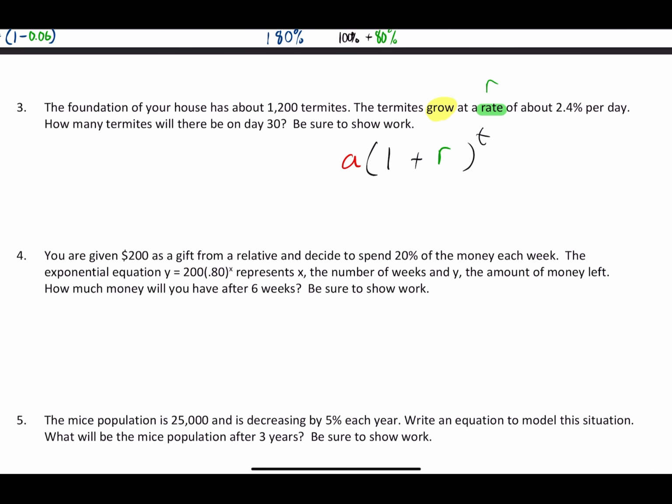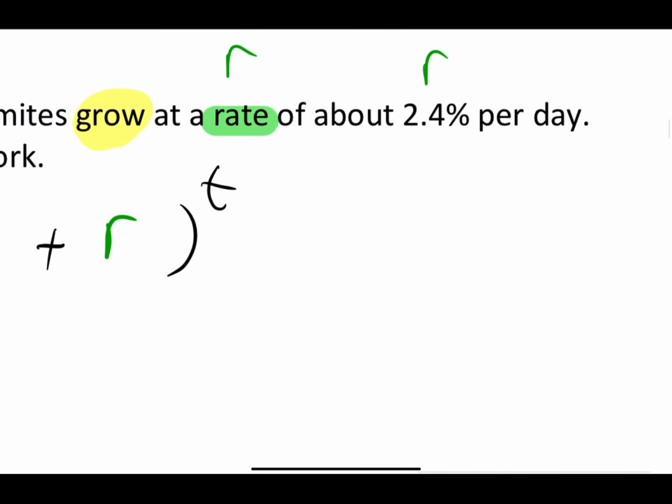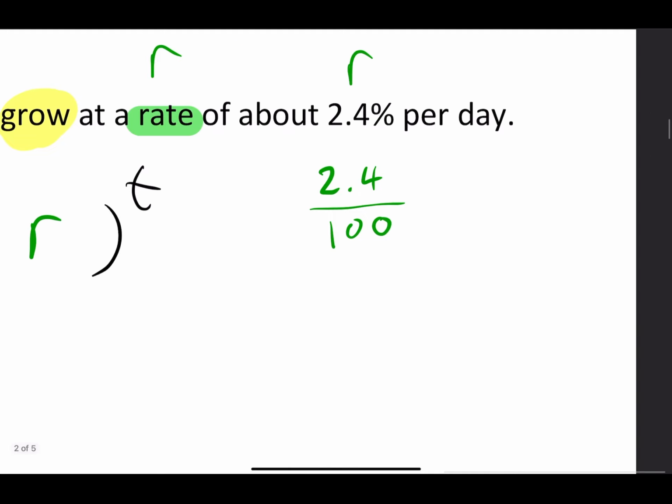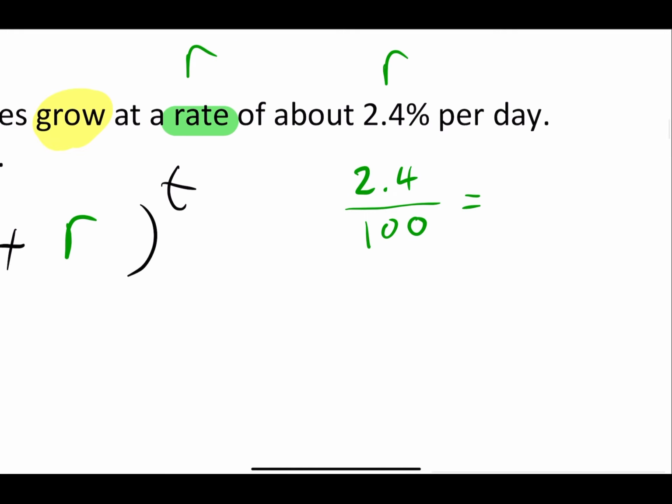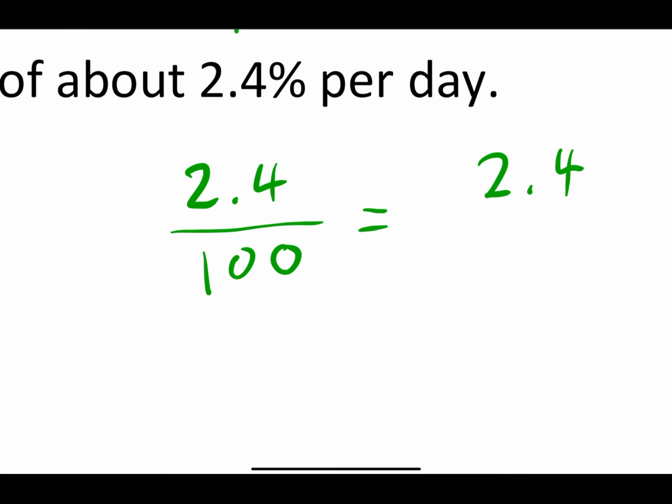So in our case, rate is 2.4%. There's our r. Let's convert that to a decimal. Take 2.4%, plug it in your calculator and divide it by 100. That's what a percentage really is. Or take 2.4, and since we're dividing by 100, that's 2 zeros, we're going to take that decimal place and move it over to the left because we're dividing, and move it 2 times.